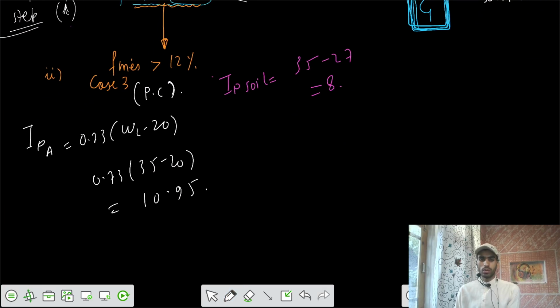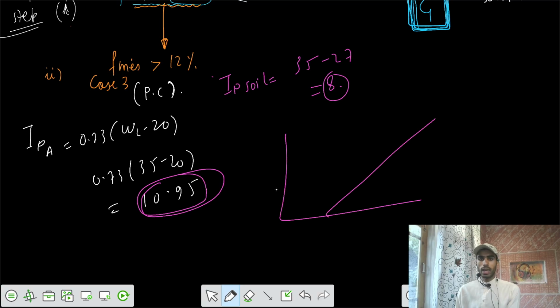Now compare the two IP values. Your soil value is actually less, but your A line value is more. That means the value for your A line is somewhere here, but your actual value is somewhere here.